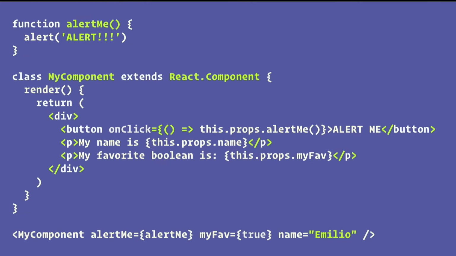And here you can see I've set onClick to be, again, curly braces, because onClick is now a prop, not an attribute. And its value is a JavaScript expression. It's a function. So it's this arrow function that calls this.props.alertMe. And this.props.alertMe is whatever we put here. My favorite Boolean is this.props.myFave. So true.